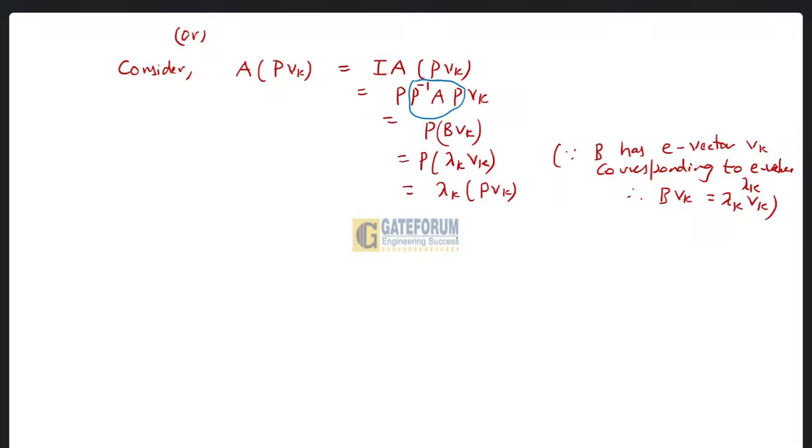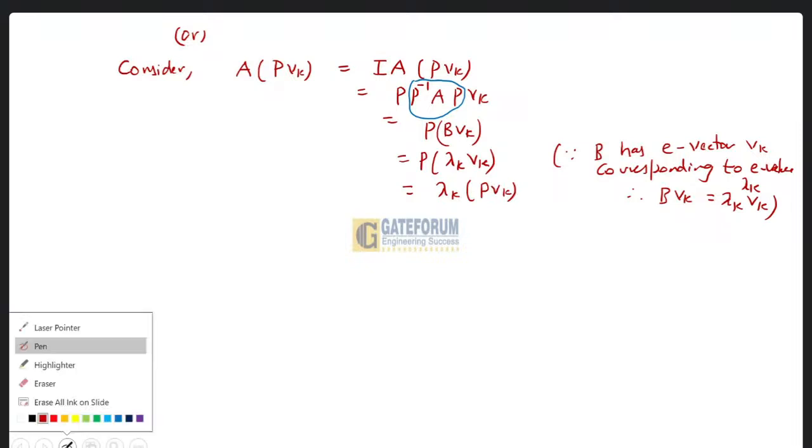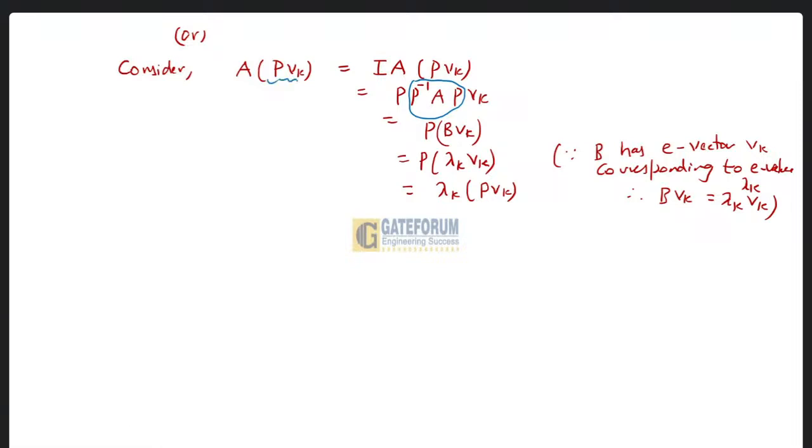Now just observe the left hand side and right hand side relation. A into, say this is x, we got lambda into x. So therefore P into Vk is an eigenvector of matrix A for k values, that is 1, 2, so on n, that is 1 less than or equal to k less than or equal to n.